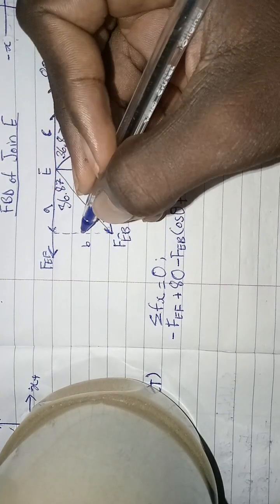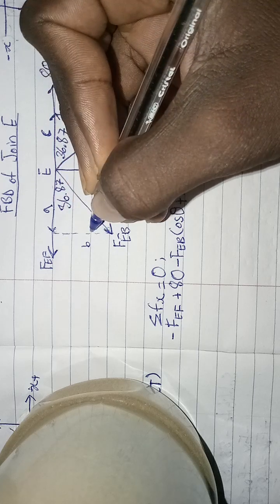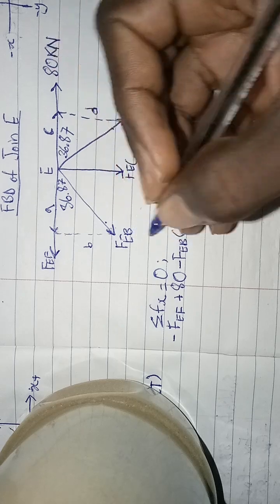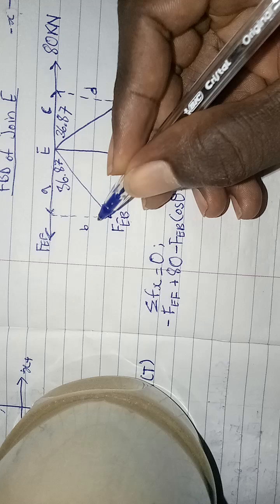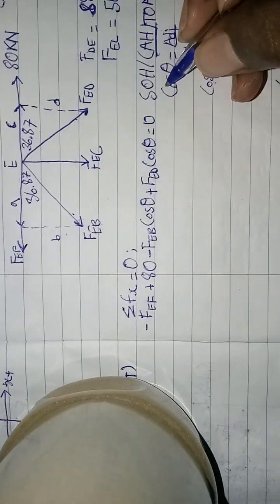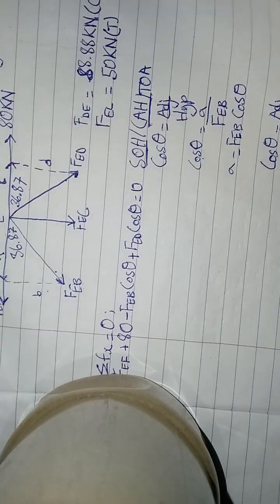We are going to deal with B, which is the opposite, and the hypotenuse, which is force EB. So sine theta is opposite over hypotenuse.